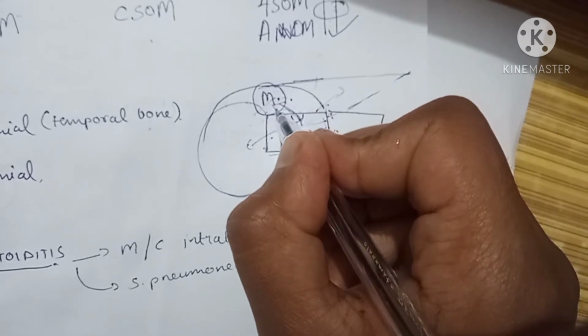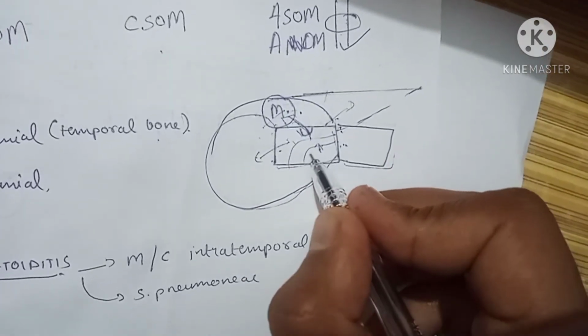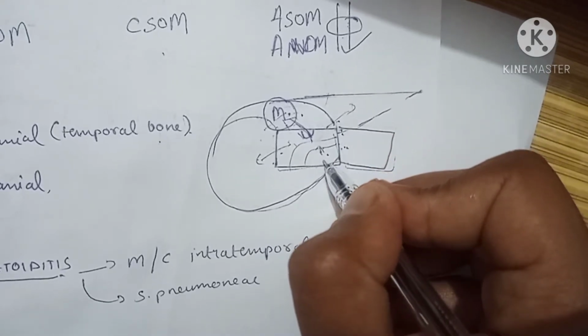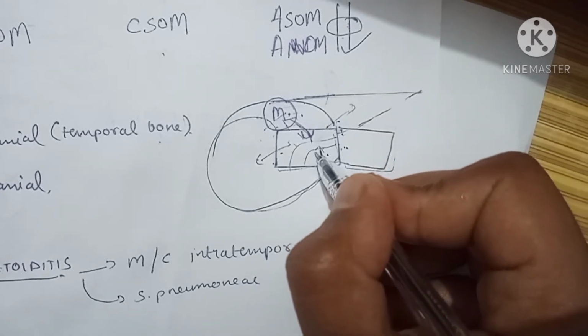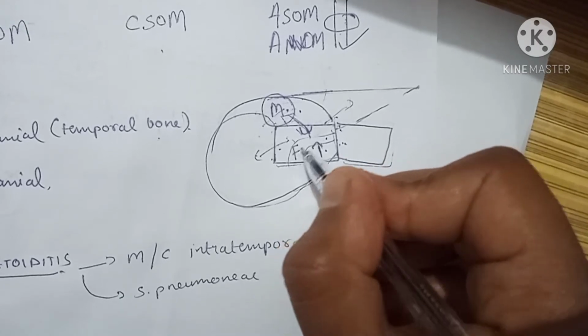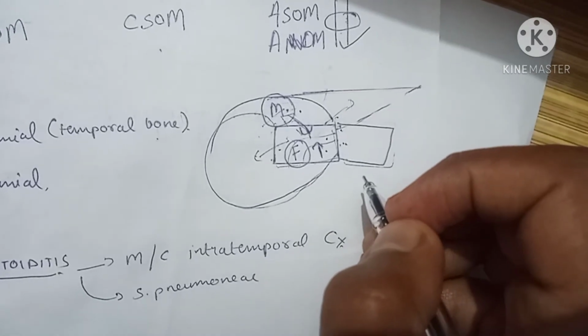So the first extracranial complication is mastoiditis. The second is that from the middle ear, the infection can go through the fallopian canal into the facial nerve, which can lead to facial nerve palsy. So the second complication is facial nerve palsy.